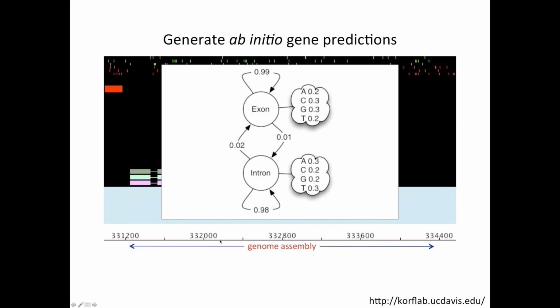As they read along the sequence of the genome, they'll observe in the known annotations how frequently you switch from one state to the other. They'll also note how frequently you have the individual nucleotides. Sometimes they'll analyze dinucleotides within the introns and within the exons and within the states as you transfer in between. They'll learn from those known annotations, and then they'll apply that to the rest of your genome, looking for genes that look similar to what they observed in the known set, in the part of the genome where we're looking for novel annotations.